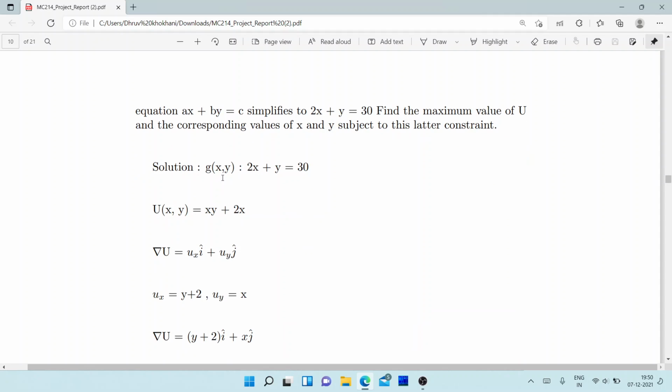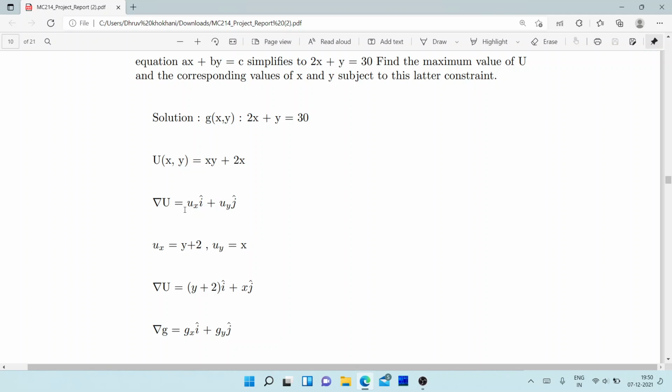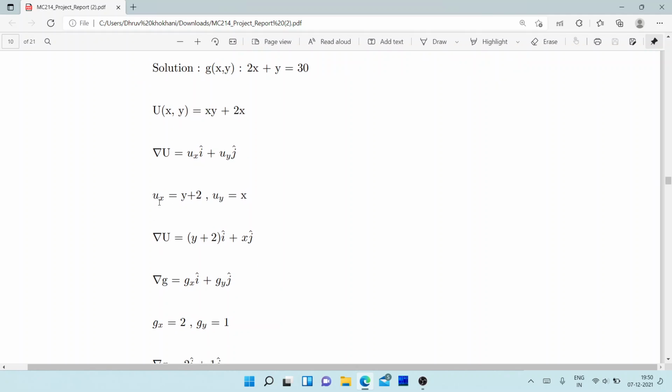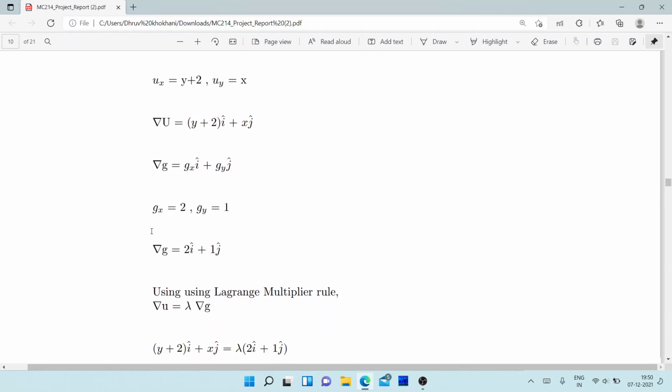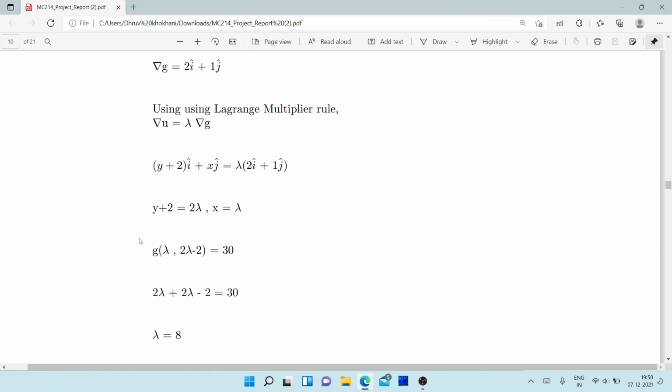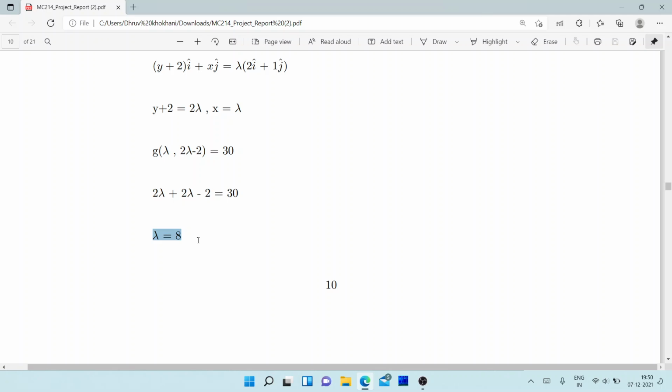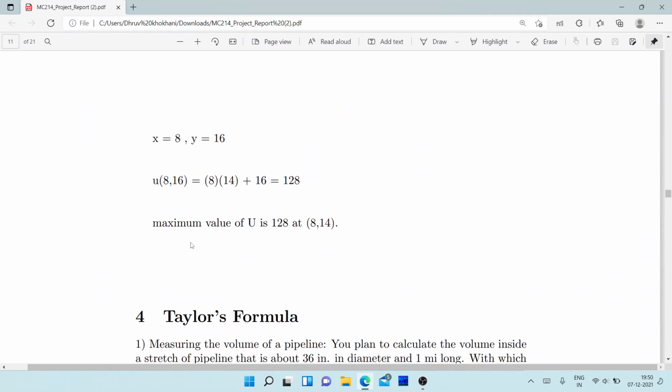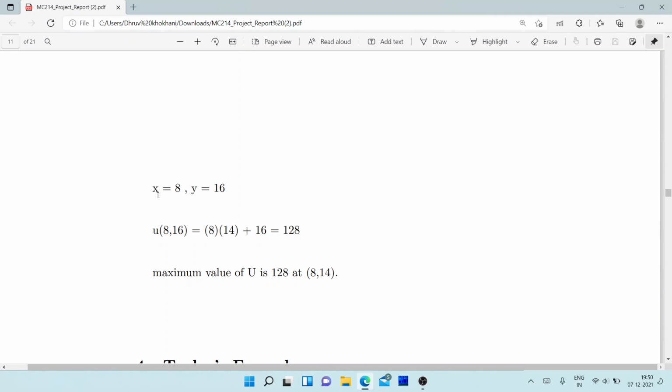Let's call the equation 2x plus y equals 30 as g, and then we find the gradient of u and the gradient of g, and then using the Lagrange multiplier, we get lambda equal to 8, and the x and y points as 8 and 16. So we get the maximum value of u equal to 128.